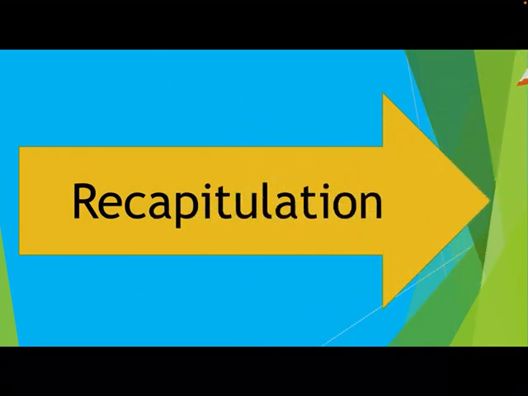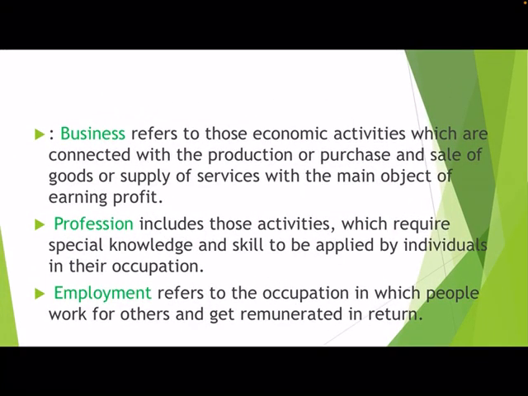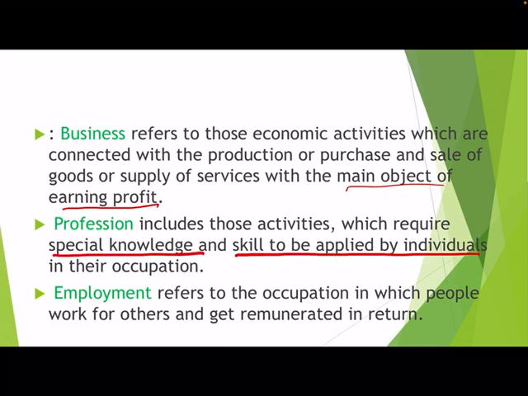Now we are going to recapitulate whatever we have discussed in this particular video. First of all, we discussed 3 different economic activities. Number 1, business. Business refers to those economic activities which are connected with production or purchase and sale of goods or supply of services with the main object of earning profit. Profession includes those activities which require special knowledge and skill to be applied by individuals in their occupation.